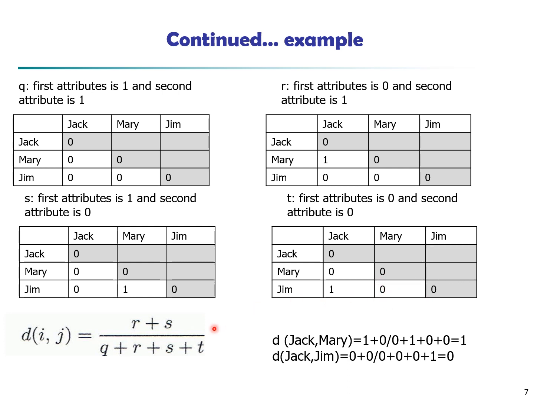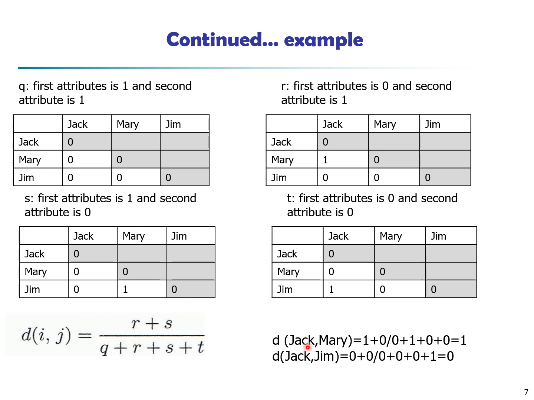Now, to calculate the dissimilarity, we'll just give an example between these objects. So we have this formula from the slide that we've seen in the beginning. The dissimilarity between I and J will be R plus S divided by Q plus R plus S plus T. And now we just apply them.